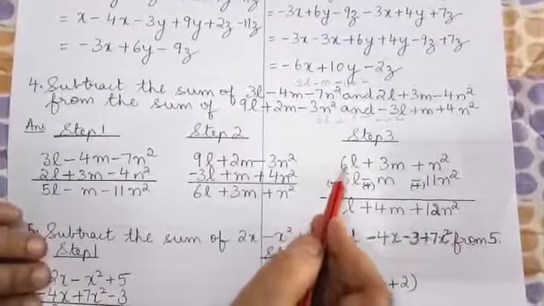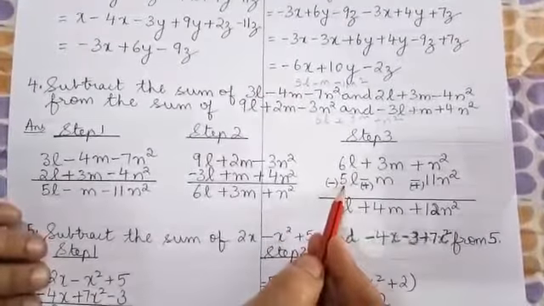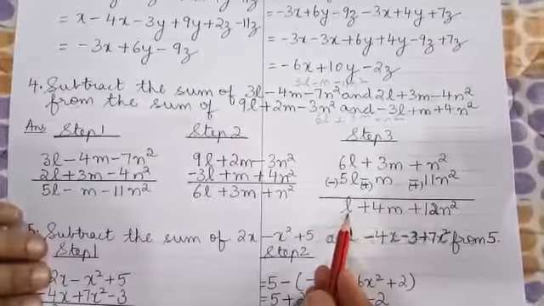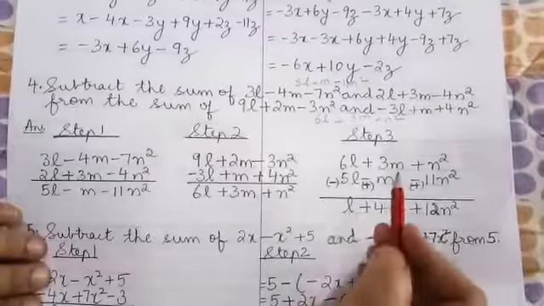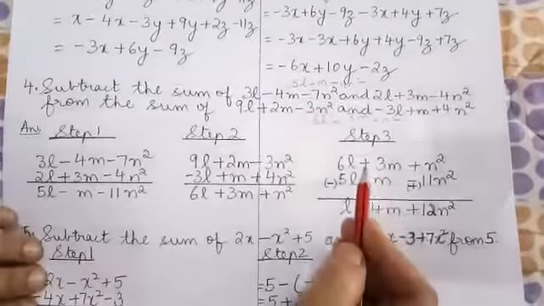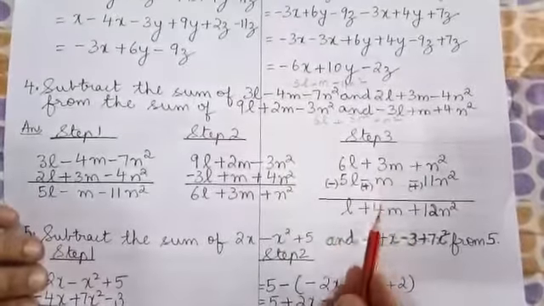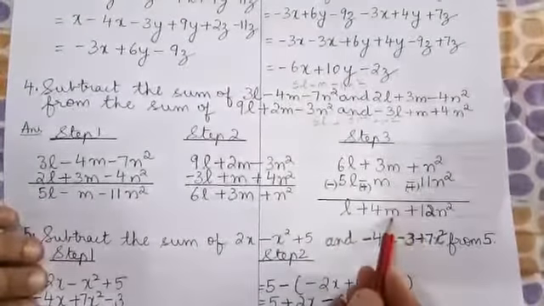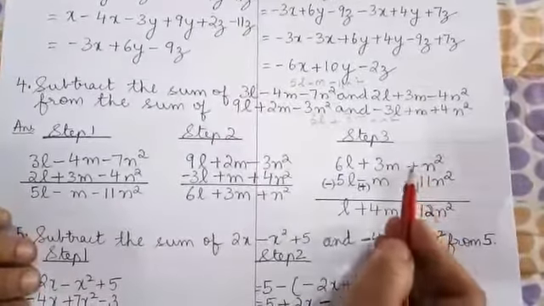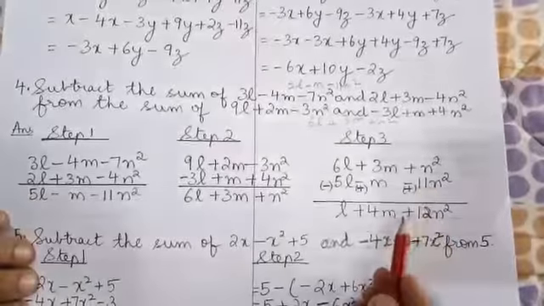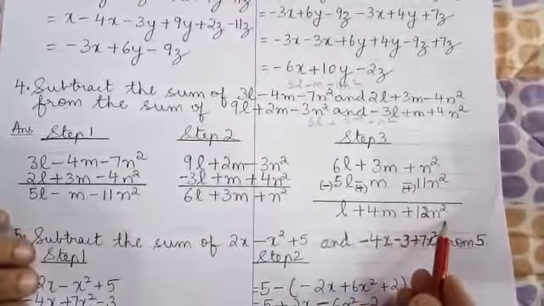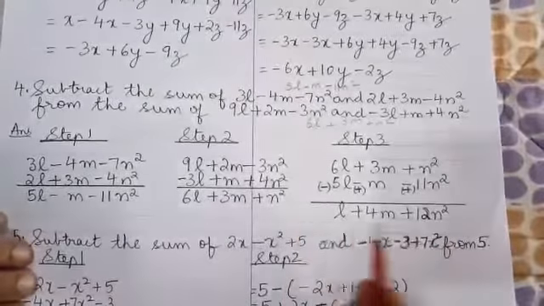So it is plus 6 minus 5, which is plus 1, plus 1l or simply l. Plus 3 plus 1, the new sign, plus 4m. Plus 1 plus 11, plus 12n square. So this is the final answer.